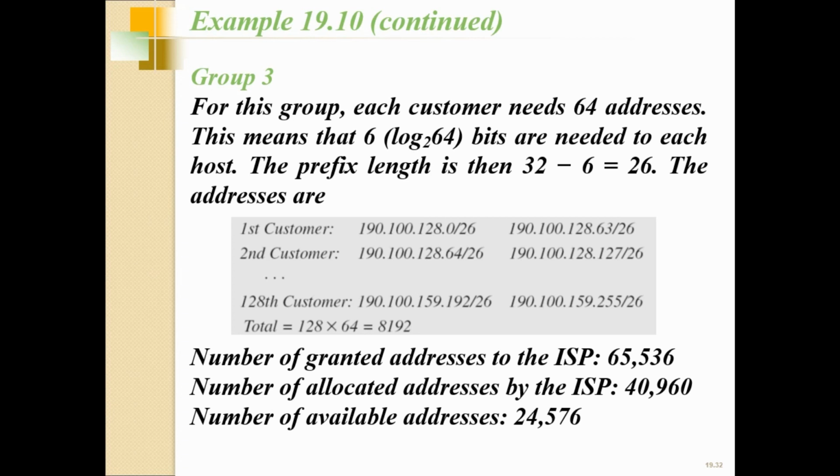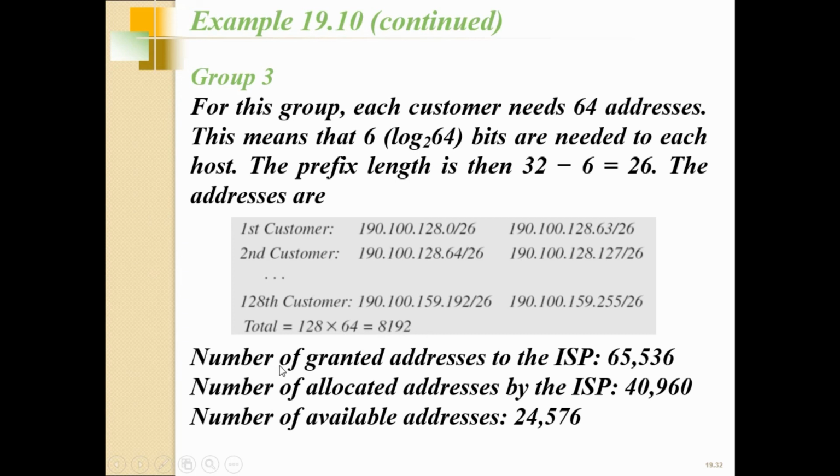So the addresses are, for the first customer, 190.100.128.0 to 190.100.128.63, being the last address of the first customer. Similarly, the second customer through the last customer, the 128th, needing 64 addresses, will be as follows, and the total number of addresses for this block will be 128 times 64, that is 8,192.